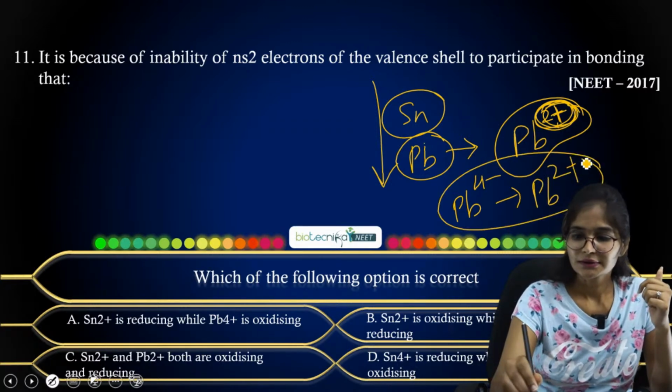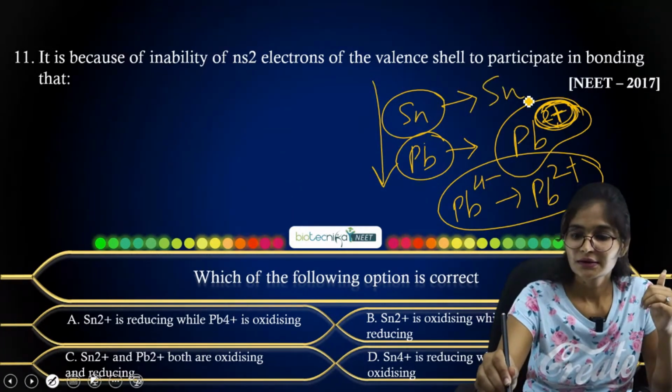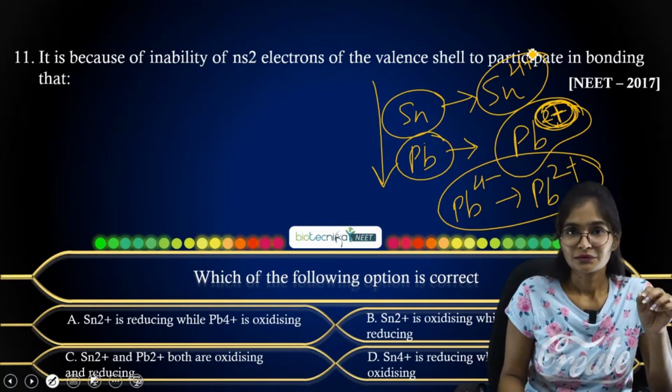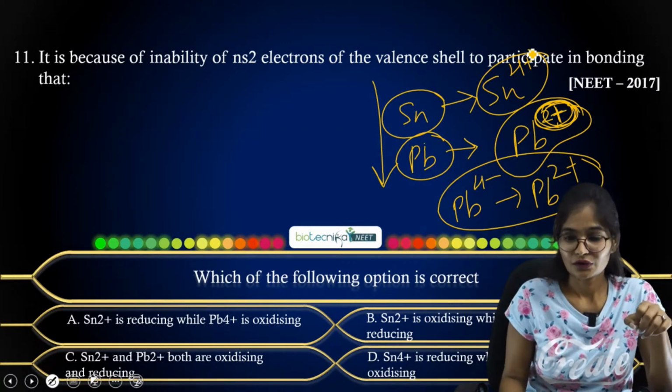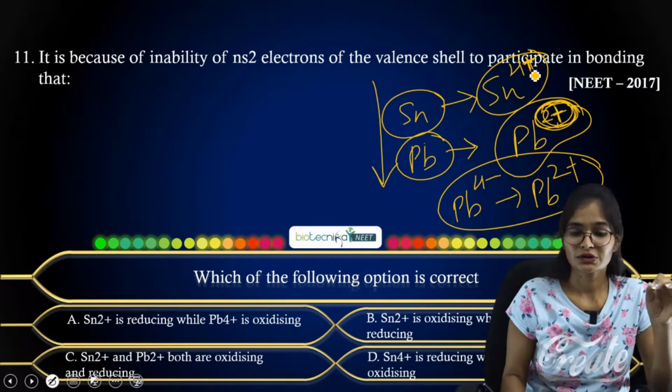Now coming to tin, tin will always try to be in the +4 oxidation state. That's why we have so many compounds like SnCl2, SnCl4, and it will always try to stay in the +4 oxidation state.